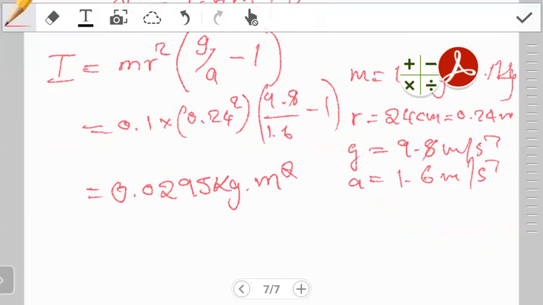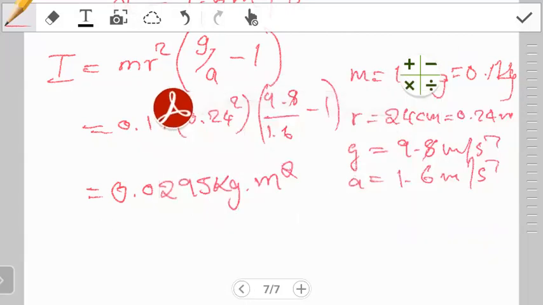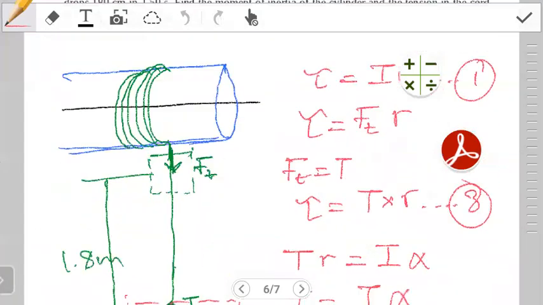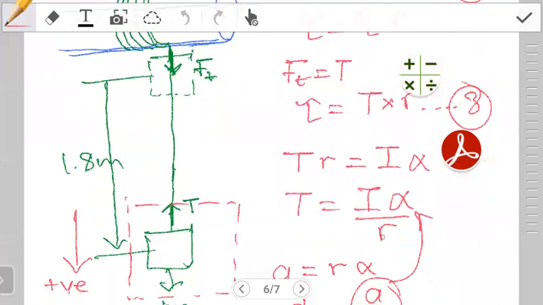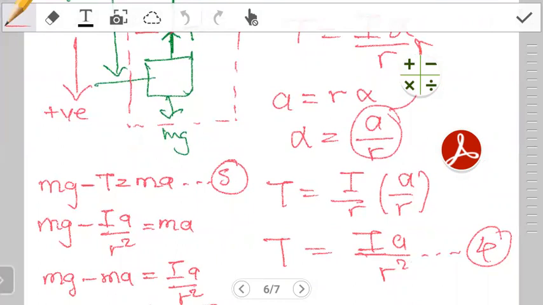Once you get the moment of inertia, the second part of the question is asking for the tension in the cord. For the tension, we're going to use the expression that we derived earlier, equation 4. Tension is equal to moment of inertia times acceleration over r squared.